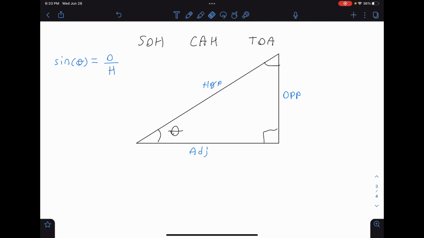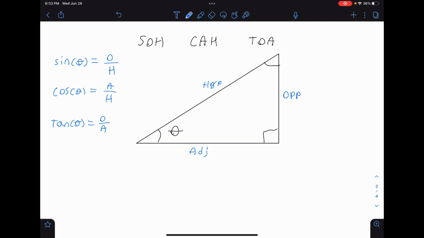Now, same thing with CA and TOA. CA is just the cosine of theta, and that's equal to the adjacent over hypotenuse, and T is the tangent of theta, which we say is the opposite over adjacent.